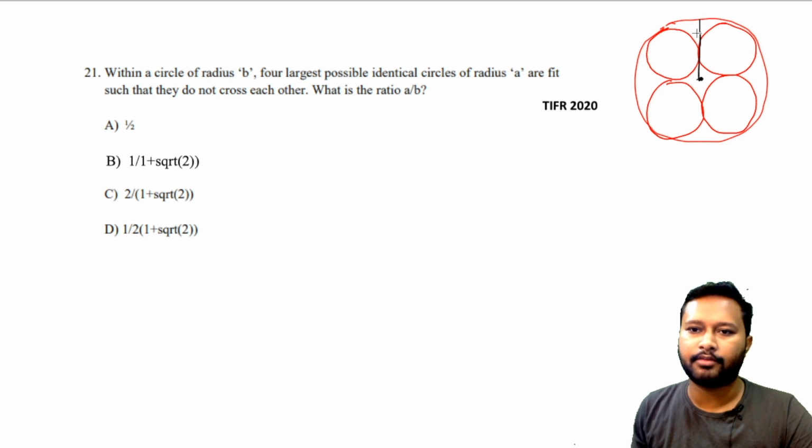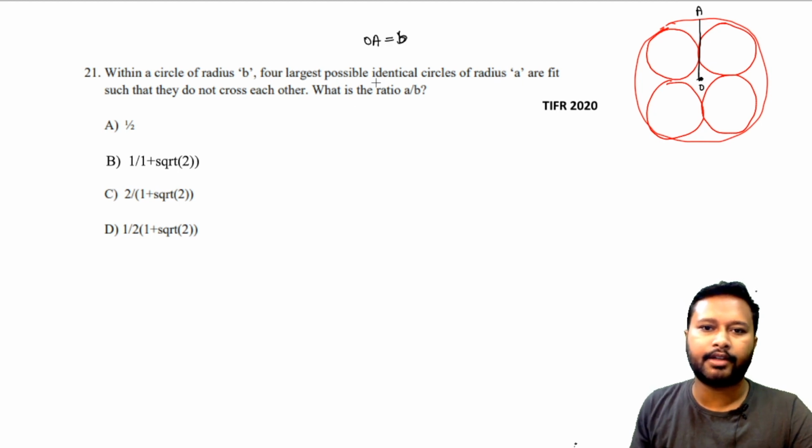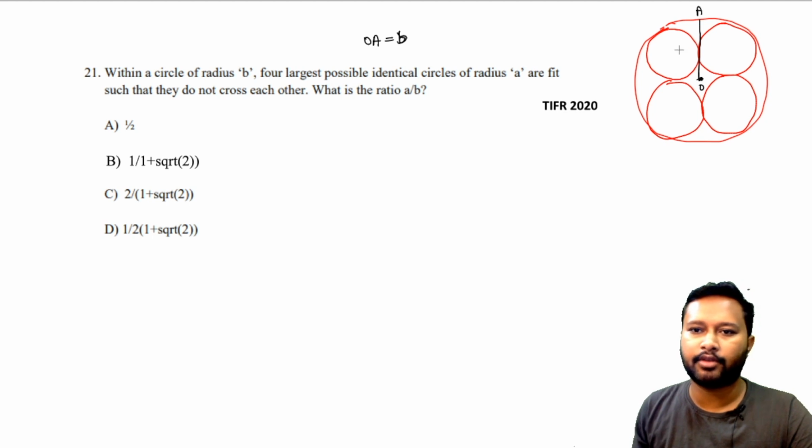So this is b units. Let's say this is O and this is A. So OA is given as b units, and identical circles of radius a. If I join from here, this is the smaller circle. If I join the radius from here to here, that value is given to me as small a. So that is known.